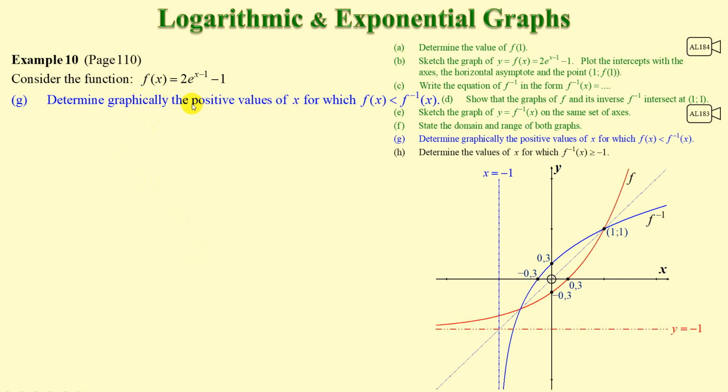Now determine graphically the values of x for which f of x is less than f minus 1 of x, and it's positive values of x. So we don't have to worry about anything on the left-hand side of the y-axis at all. This says wherever the red graph, which is f of x, is below the blue graph, f minus 1 of x.